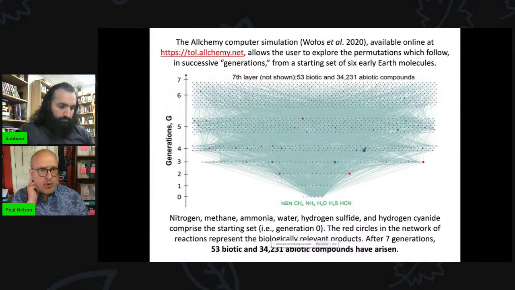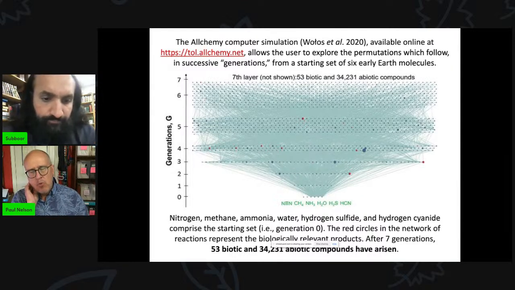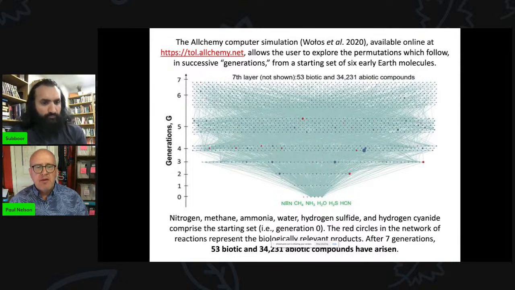So in 2020, a fascinating paper was published in Science on a computer simulation where the authors began with a starting set of plausible early Earth chemicals: nitrogen, methane, ammonia, water, hydrogen, and so forth.